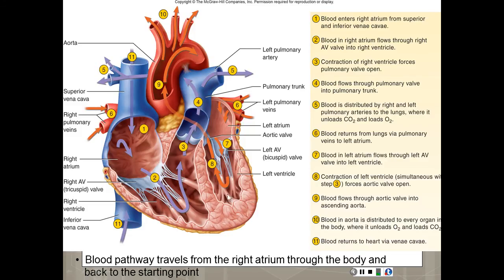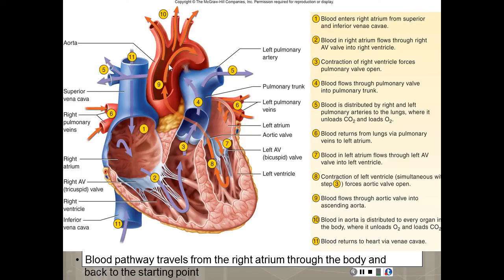When the left ventricle has felt that pressure, the bicuspid valve closes, and the aortic valve, which is right in here, opens up, allowing the left ventricle to push that blood outward into our aorta, into the ascending aorta, then into the aortic arch.